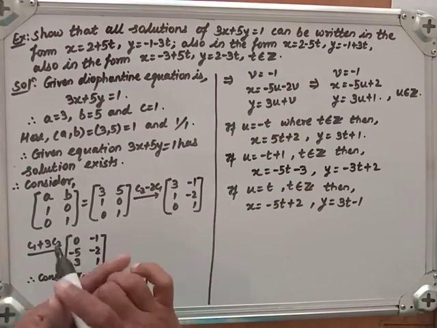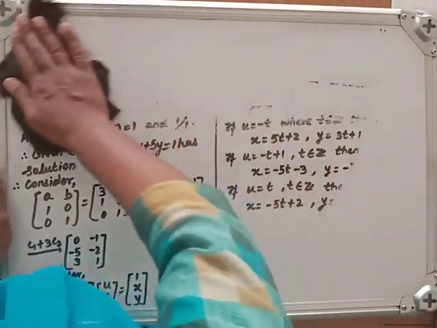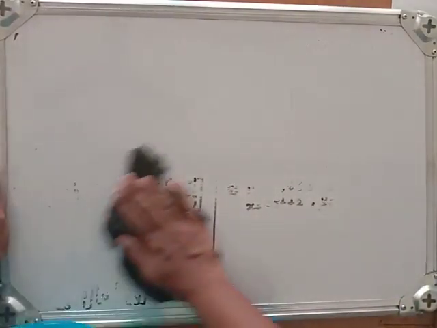Now let's go for the next example. Some word problems can be reduced into Diophantine equation, and we can easily determine the solutions for them. Let's do that one.